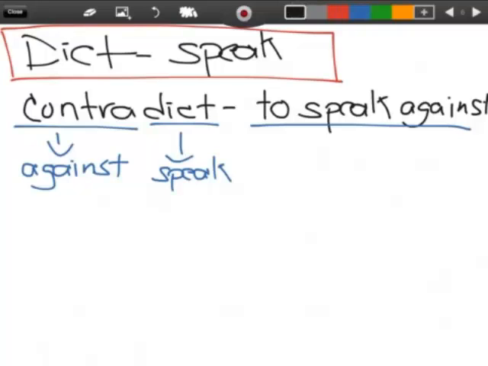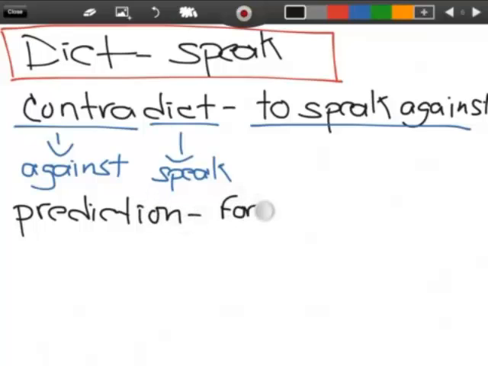My other example is going to be prediction, meaning for telling the future.